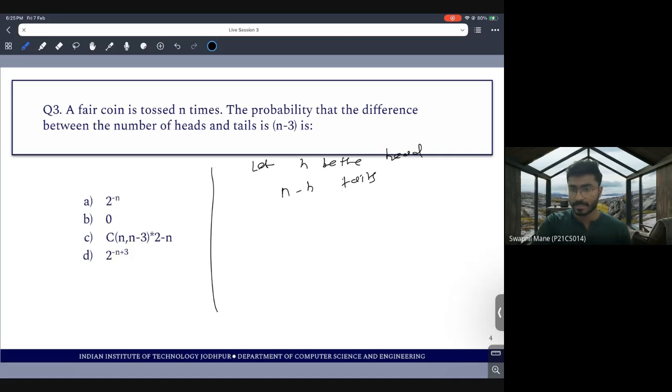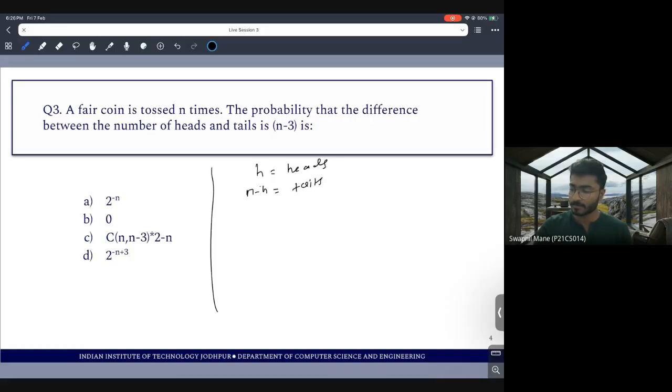Someone is saying 0. Let's figure out whether it is 0 or any other value. Maybe it's not visible correctly. So assume that h is the number of heads and n minus h is the number of tails.